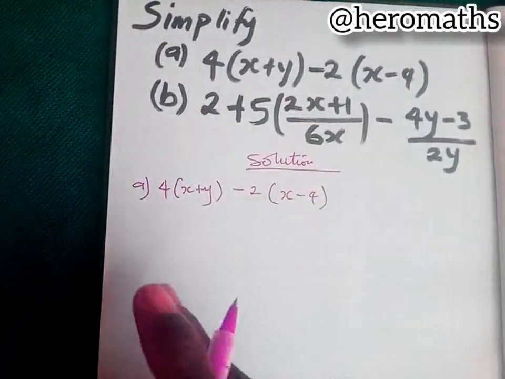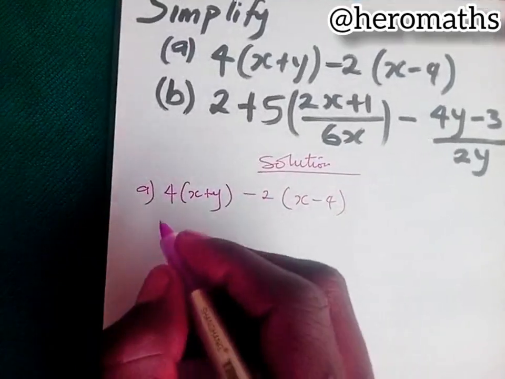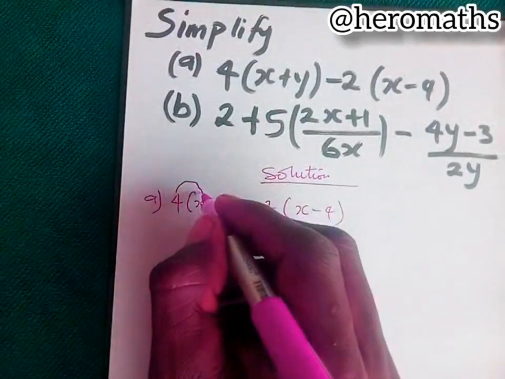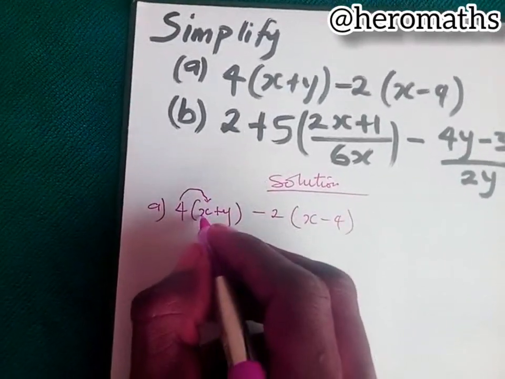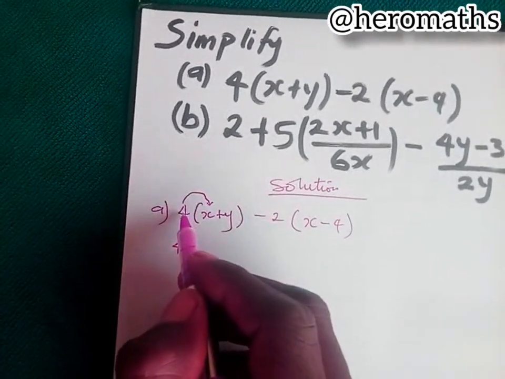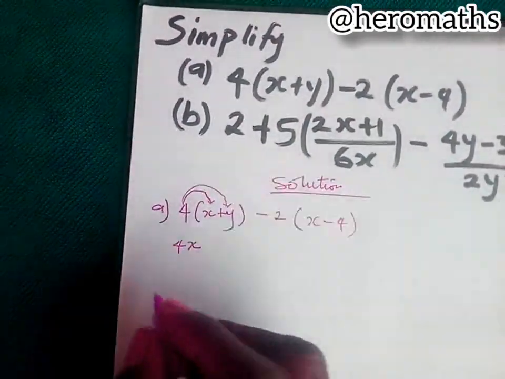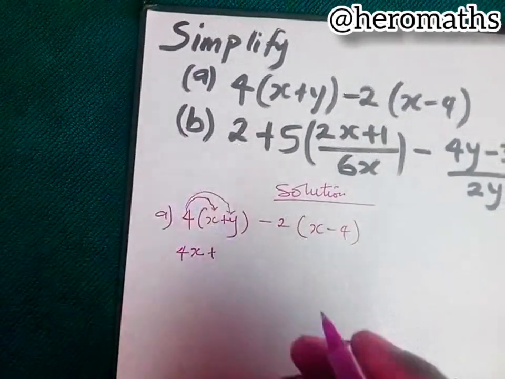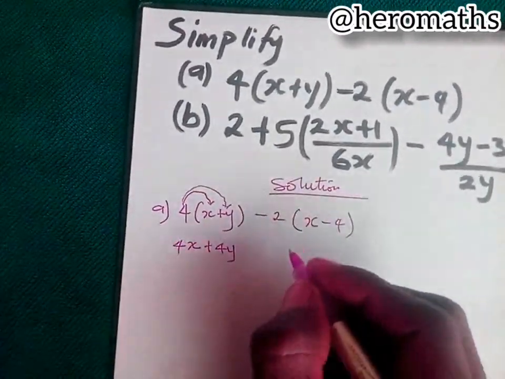Now by using this 4 to open this bracket, 4 will multiply x. That is 4 times x, which gives us 4x. This 4 again will multiply y. You understand? So plus, the positive sign in between, 4 times y will give us 4y.